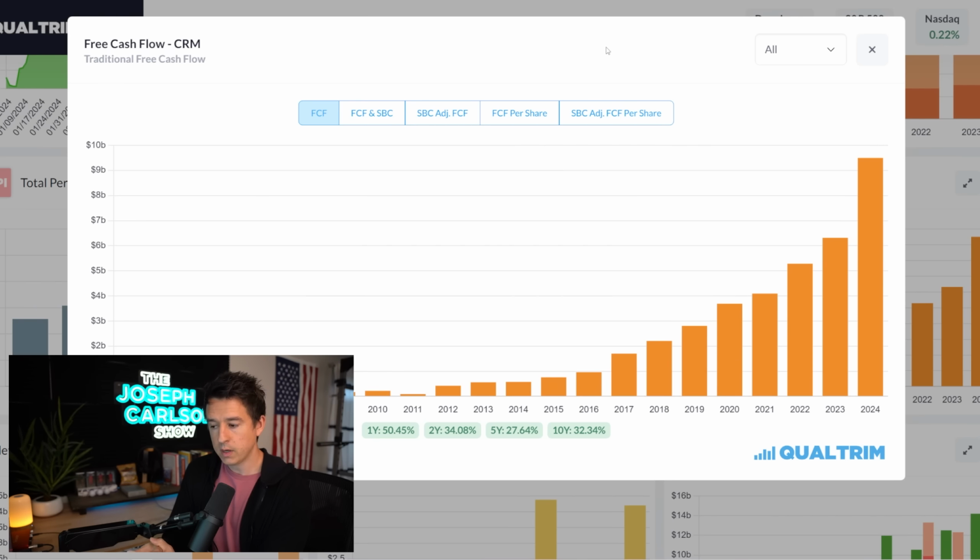Now, why is that important? Because, in my experience, it's difficult for companies to lose substantial value while growing free cash flow over a 5-year basis. It can happen. I'm sure there are examples of a company growing in free cash flow and going down in stock price, but it's rare.